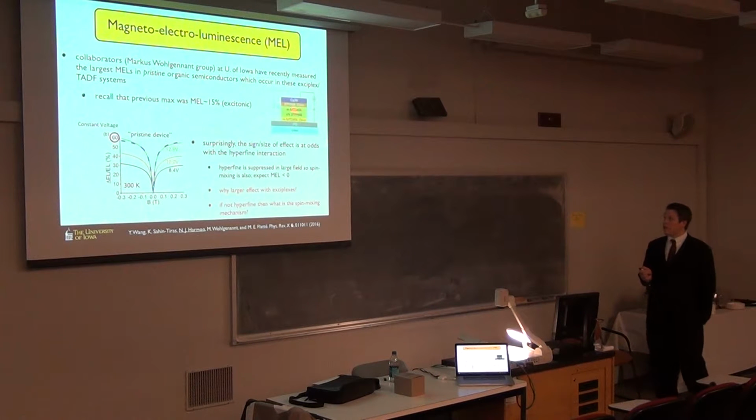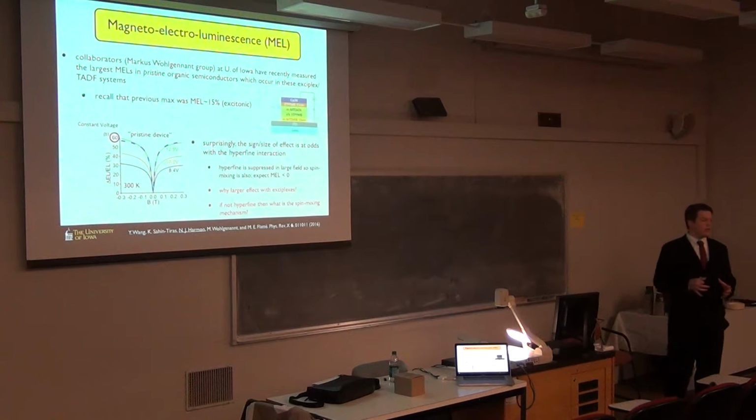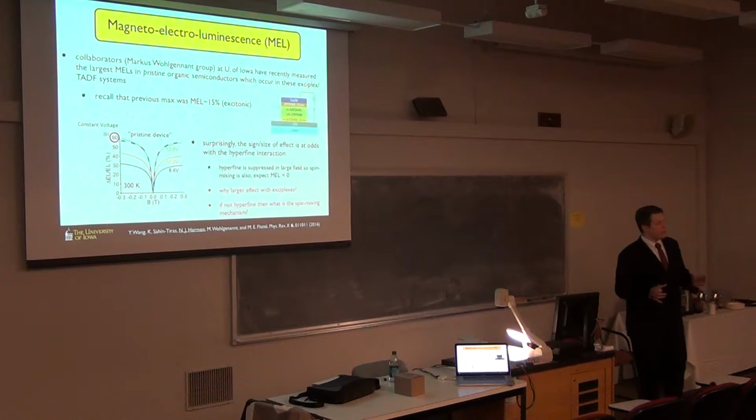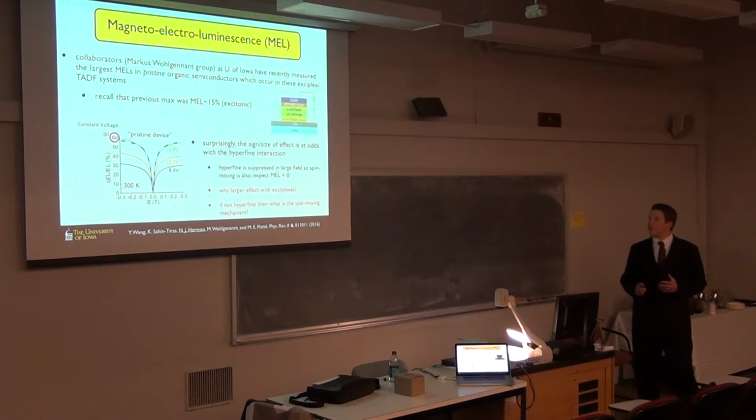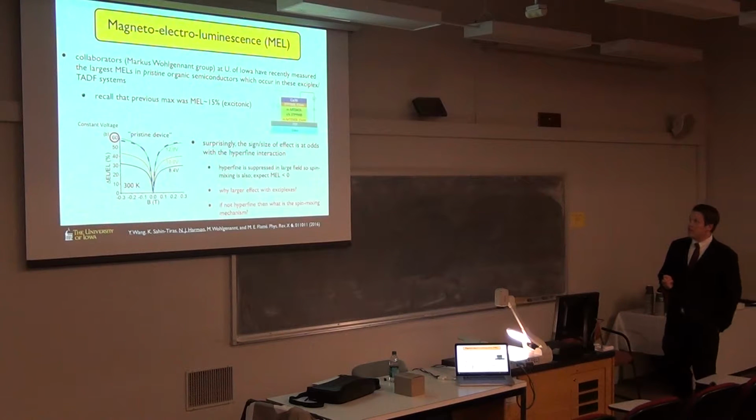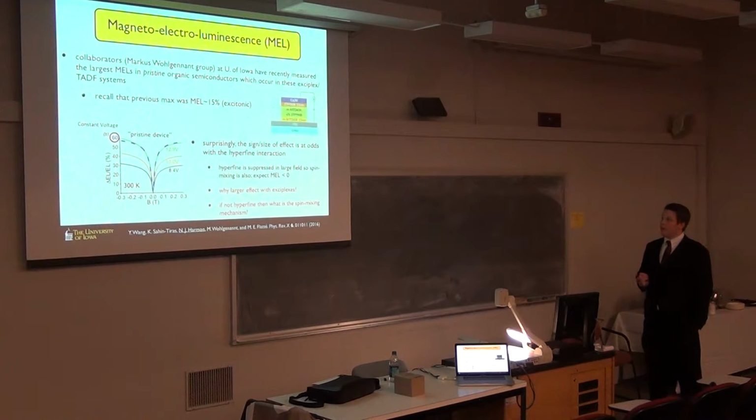And these are co-evaporated blends, so essentially putting the molecules together, trying to maximize the adjacency of them. Okay, so you want these to be next to each other. And we're running, of course, a current through them. And then we measure the change in electroluminescence with magnetic field.